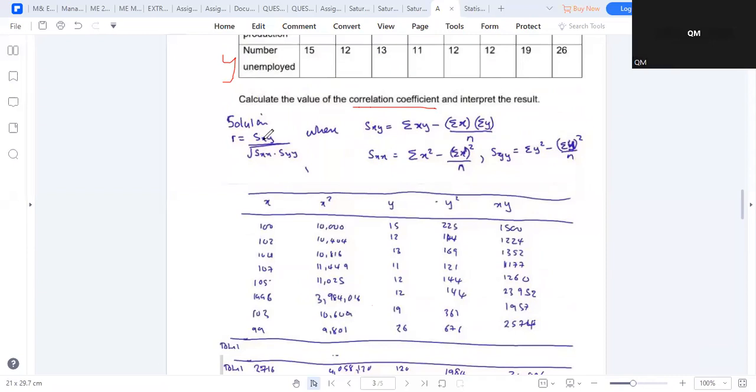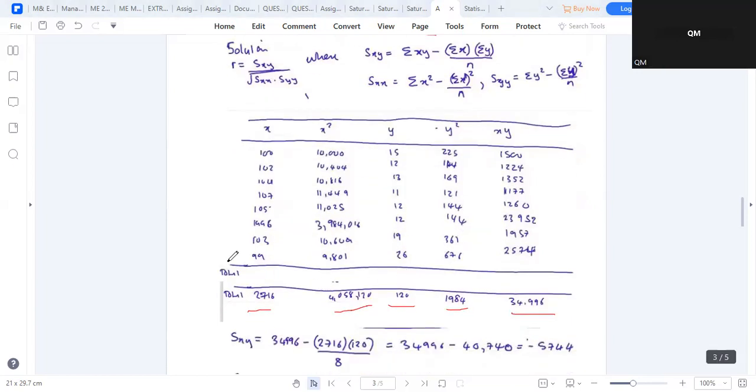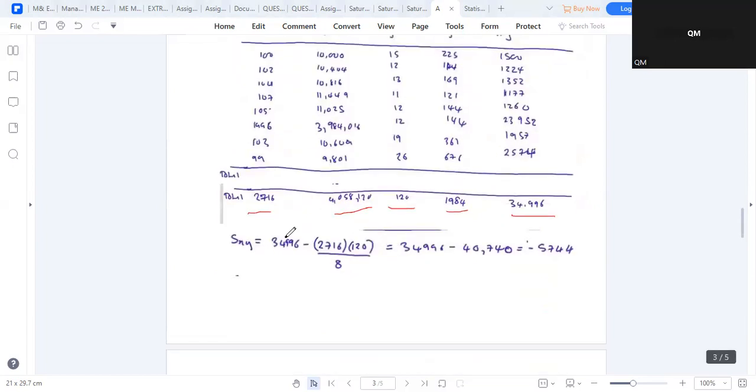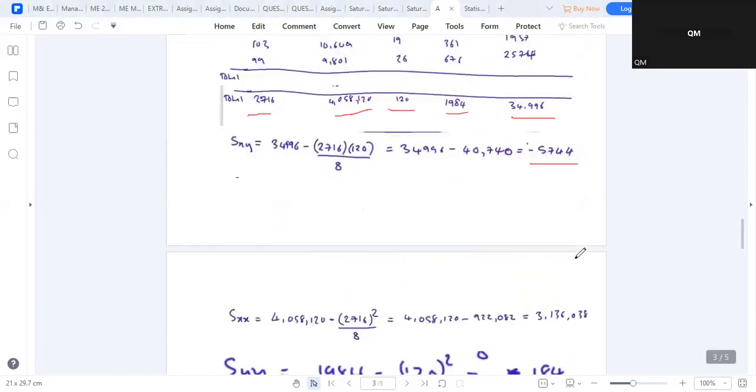So R is XY over the square root of XX times YY. Chiluba, is Chiluba there? Yes, I'm following. Okay, great. Once these inputs are there, it's just an issue of entering them. So XY, you put it there, you get negative 57.4.